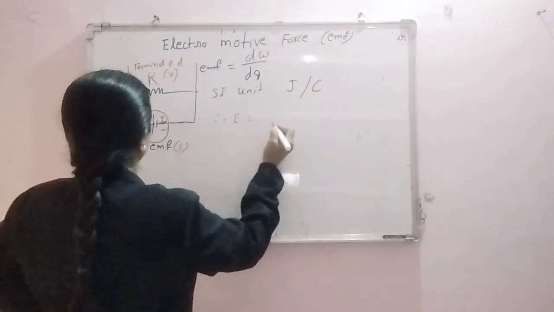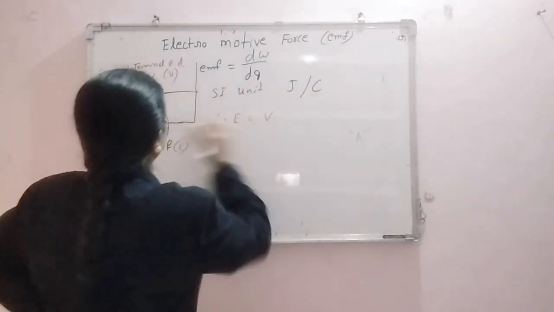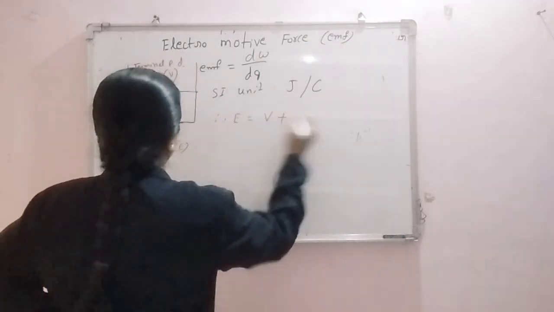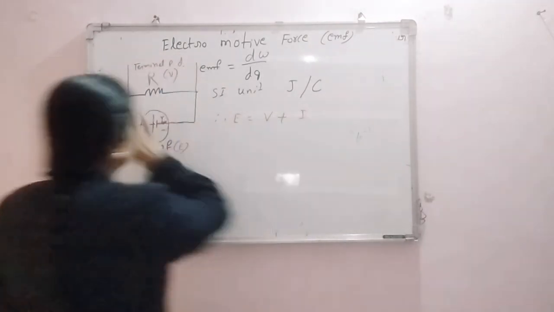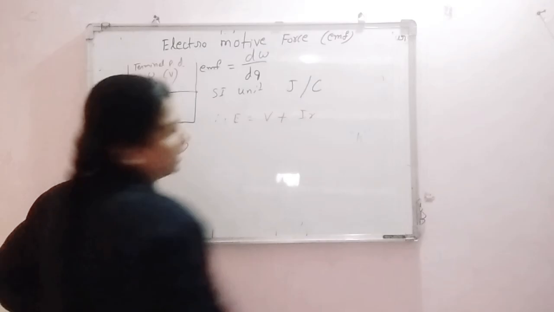So the voltage across the external resistance is V, plus the current flowing through the small internal resistance, I into r.